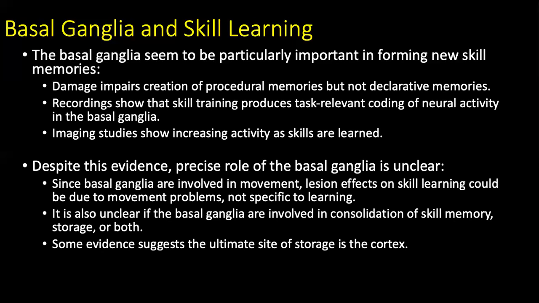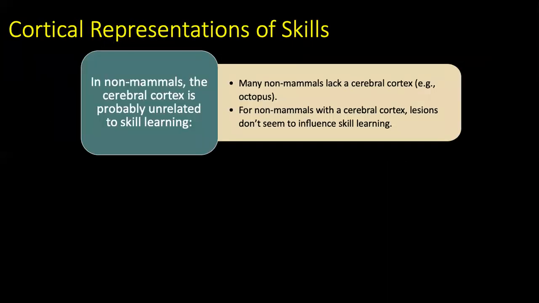And there's evidence that suggests that storage might actually happen in cortex like it does for declarative memories, right? In non-mammals, the cortex probably isn't related, right? So if we look at animals like octopi, for example, they don't necessarily show evidence that the cortex is involved in skill learning.